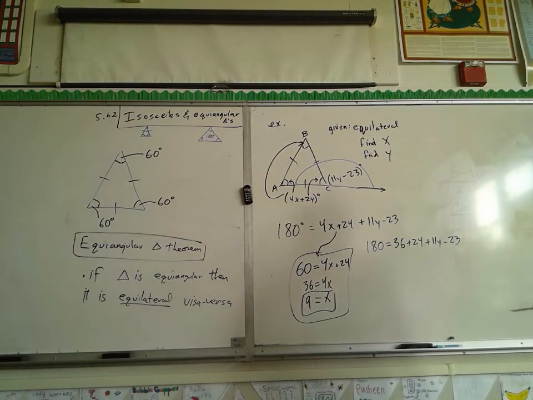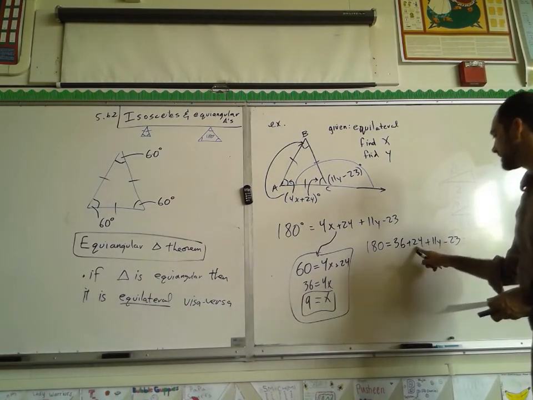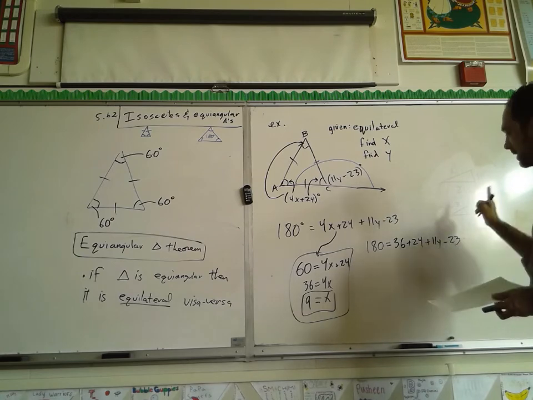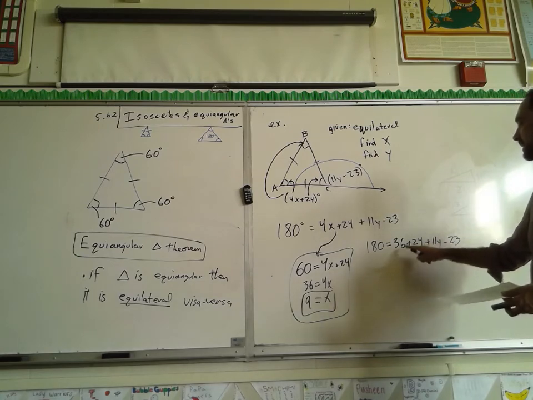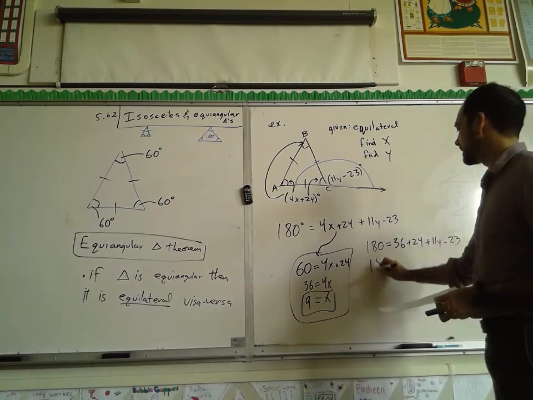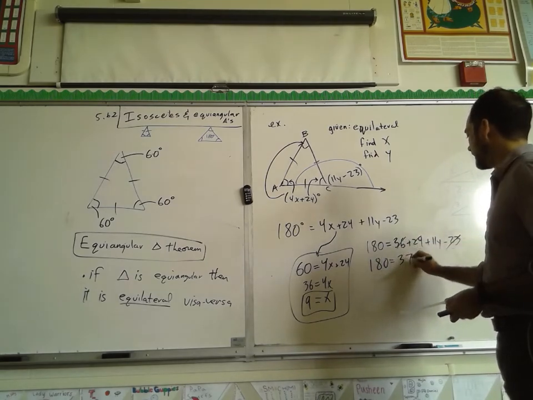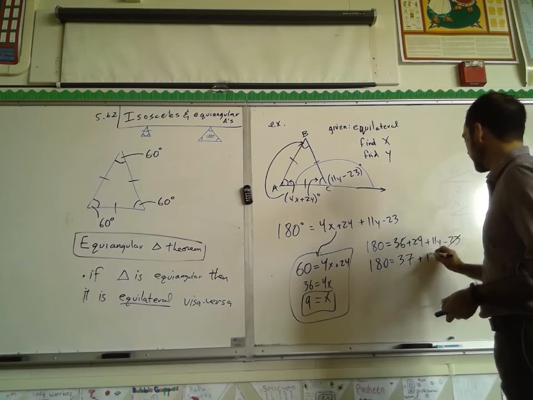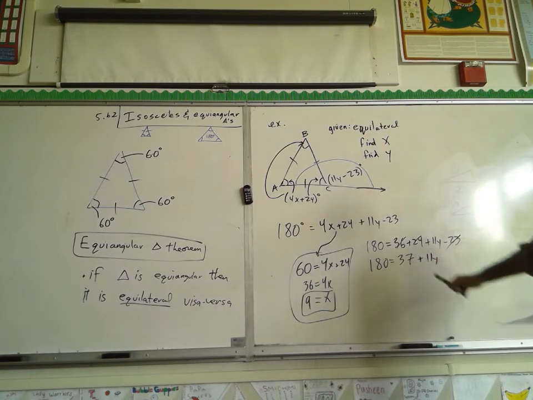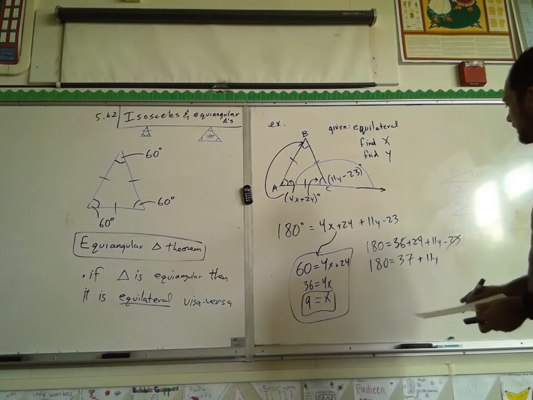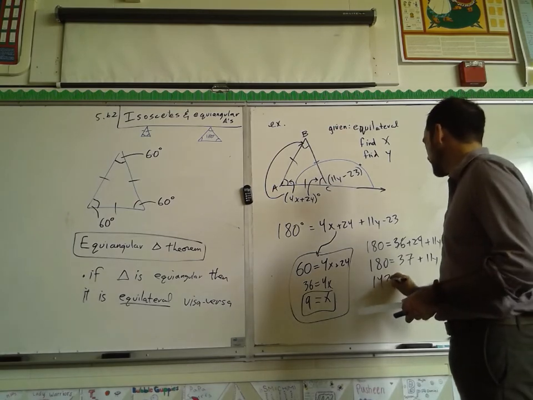It's no big deal. All right, this one's easy. 24 minus 23 is 1. 36 plus 1 is 37. So all I did was combine all of my constants there. 11y. Let's go ahead and subtract 37 over. When we subtract 37 over, we get 143.